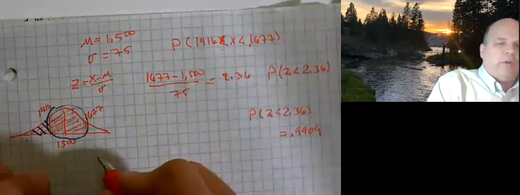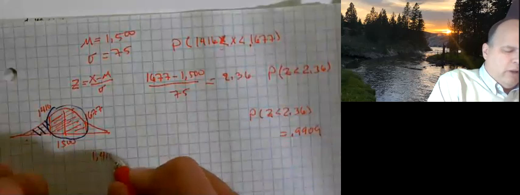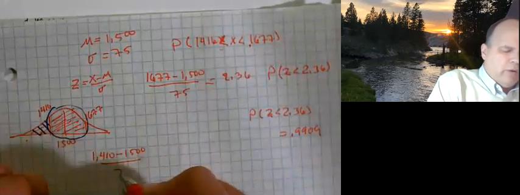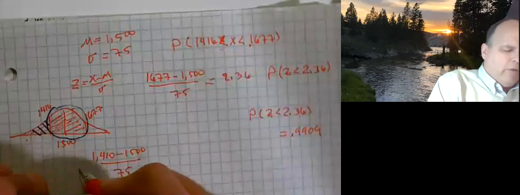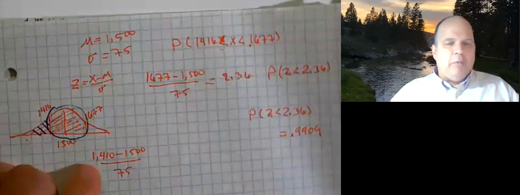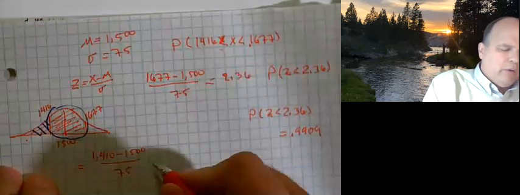I'm going to try to give myself a little more room this time. So 1410 minus 1500 over 75. So I'm going to end up with a negative Z-score. And that makes sense because 1410 is below the average. And when I do that, I get a negative Z-score of about negative 1.2.